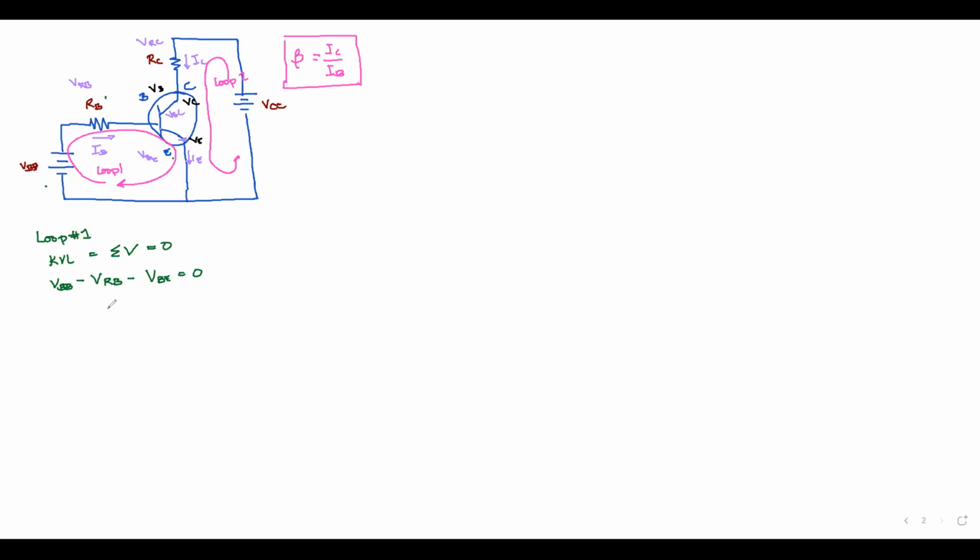What else do you need to remember? Since this is forward bias, VBE here is always constant at 0.7 volts. So we could just say that VRB is equal to VBB minus 0.7. Okay, that's one.